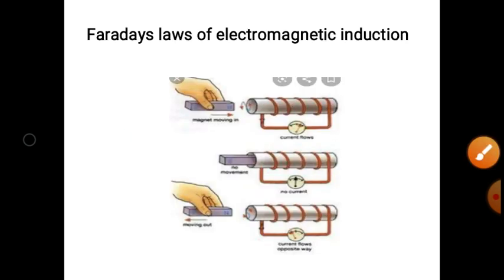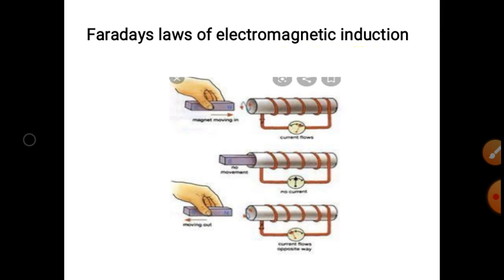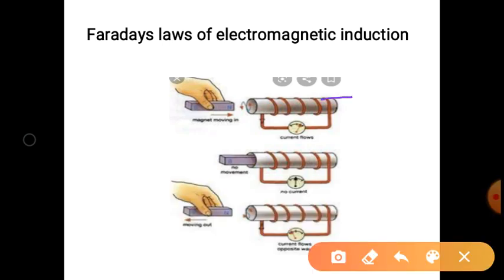It is Faraday's laws of electromagnetic induction. So before studying the Faraday's laws, we should know what is the meaning of this electromagnetic induction. That's why one diagram is shown here. In that diagram, we can see one coil is connected to the galvanometer and there is one magnet. So in the first diagram, the magnet is moving towards the coil.